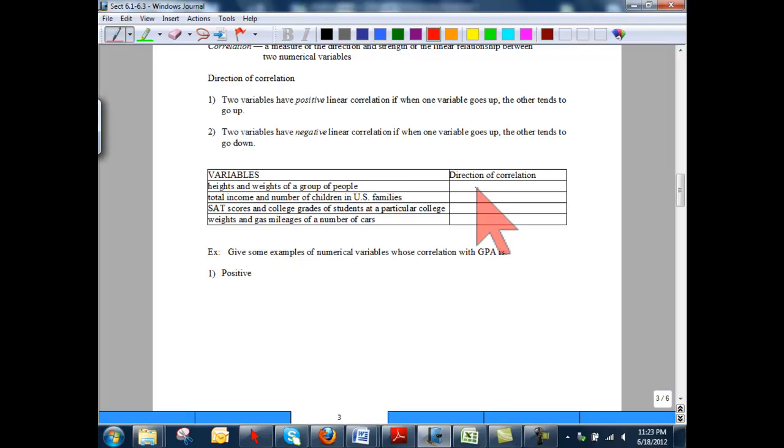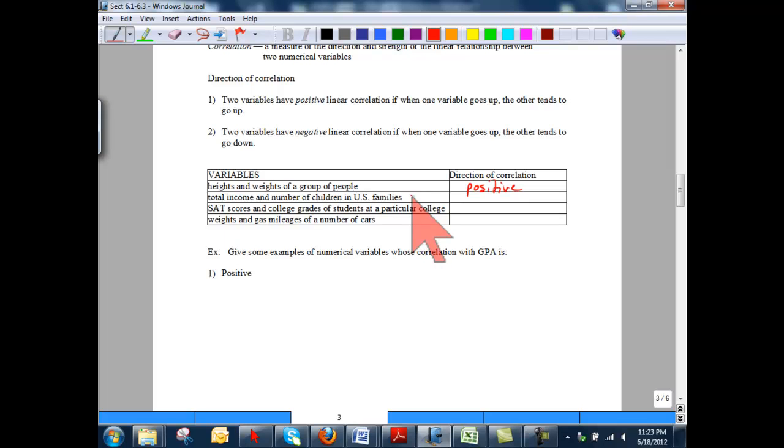There are exceptions, of course, but all else being equal, taller people tend to weigh more than shorter people. Or you could just as easily say that heavier people tend to be taller than lighter people. And so the correlation between heights and weights is positive.